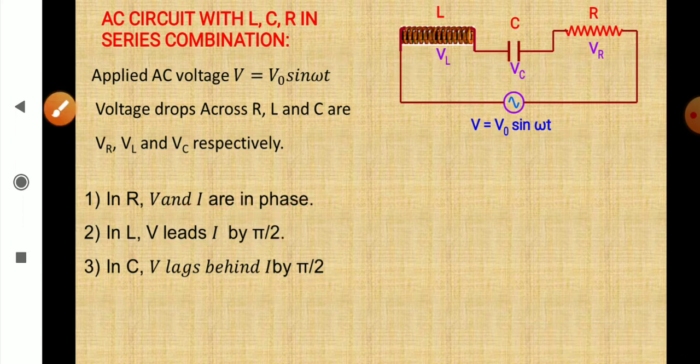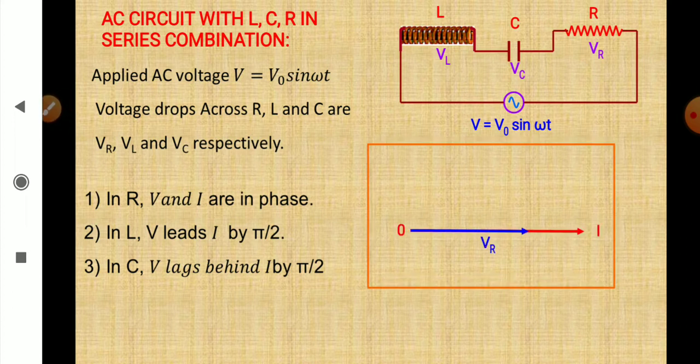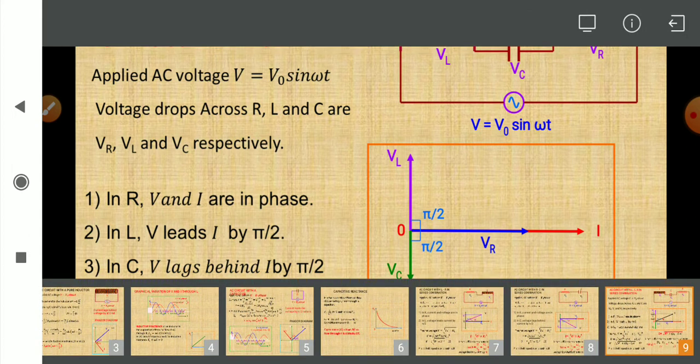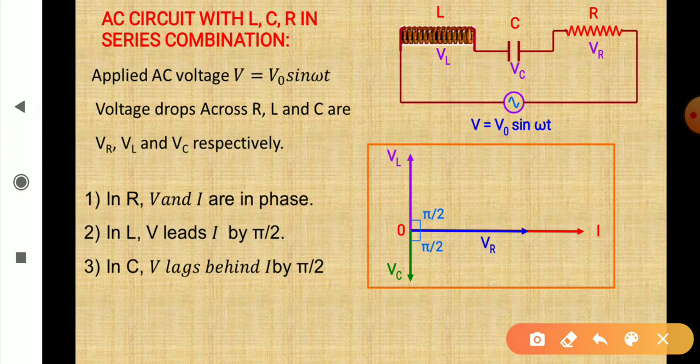So look at the situation. This is current, and the current and voltage across resistance are in the same direction, same phase. The voltage across the inductor is ahead by pi by 2.